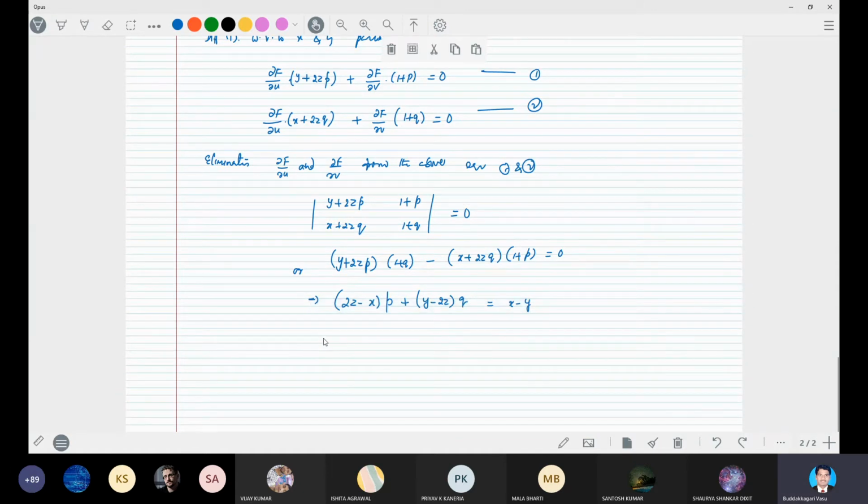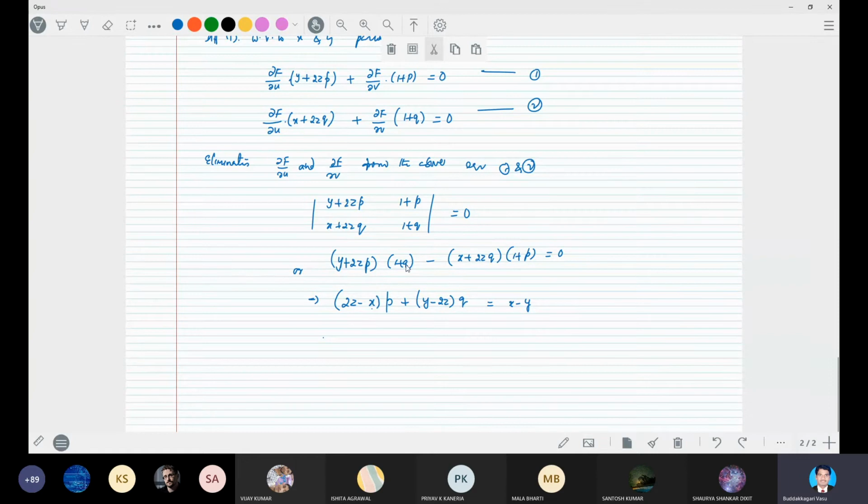To do this, you rearrange by taking p terms common, where here 2z into p, here p into minus x, right? Minus x is there.